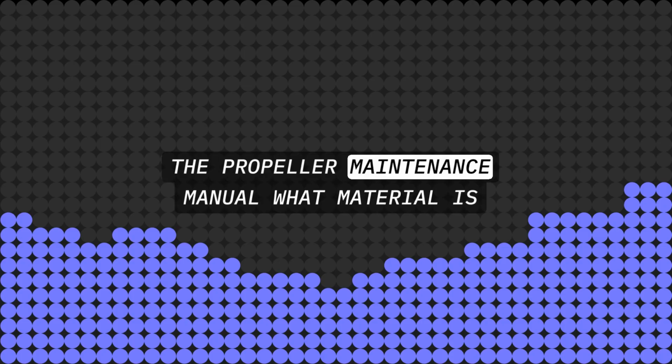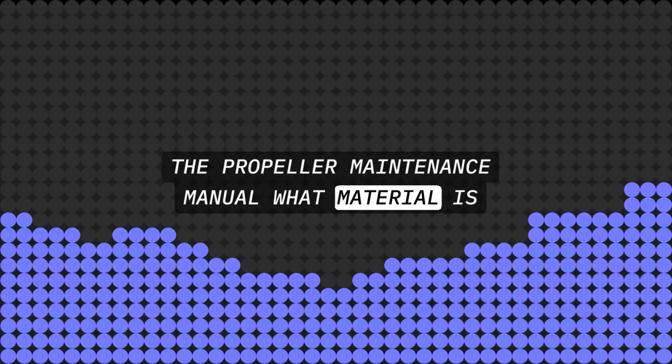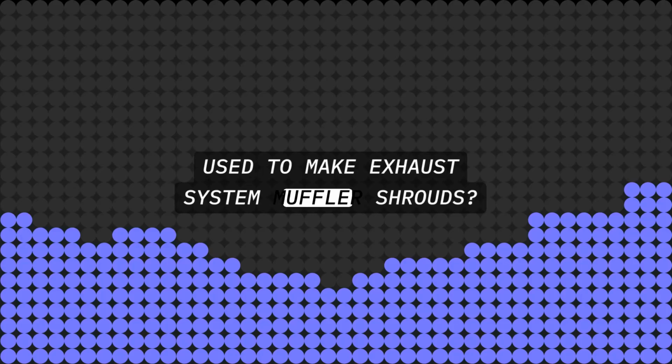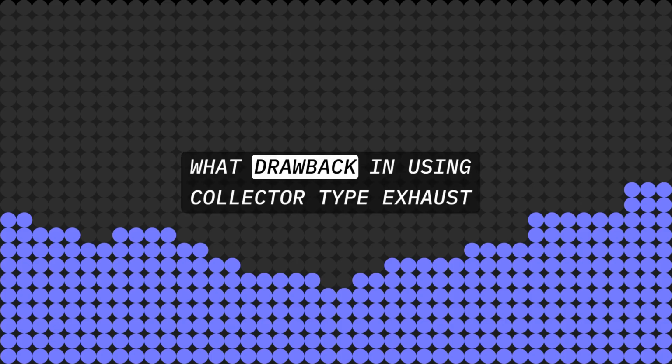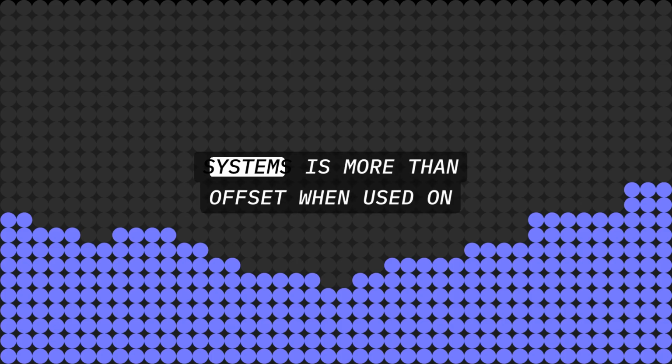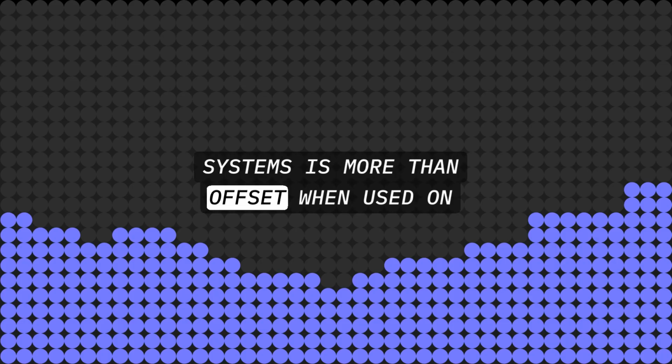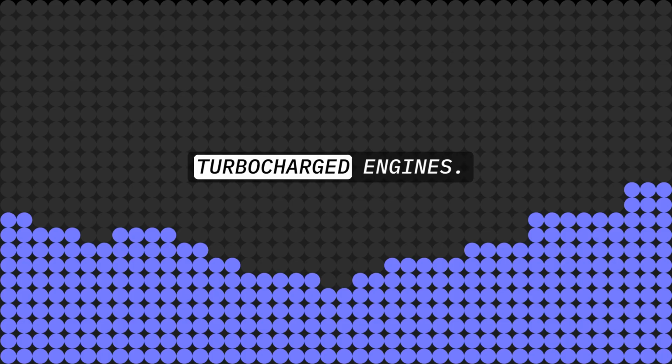The Propeller Maintenance Manual. What material is used to make exhaust system muffler shrouds? Stainless steel.